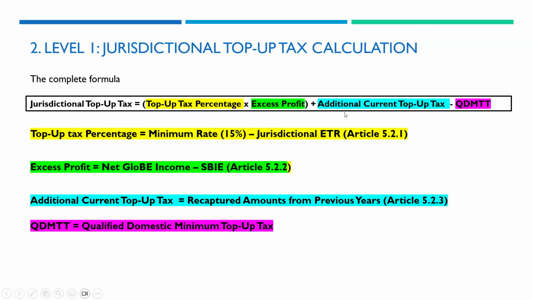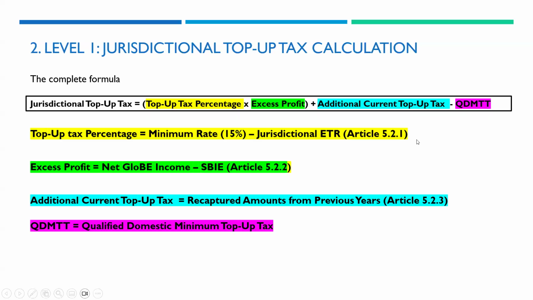If there is any difference between the profit I filed last year and the assessed profit by the tax authority, that would be recaptured in the current year. If there is a difference, then the tax for that has to be paid in the current year, minus QDMTT. Since we are giving out QDMTT also, the remaining is what is left for applying IIR, and what is remaining after IIR is UTPR.